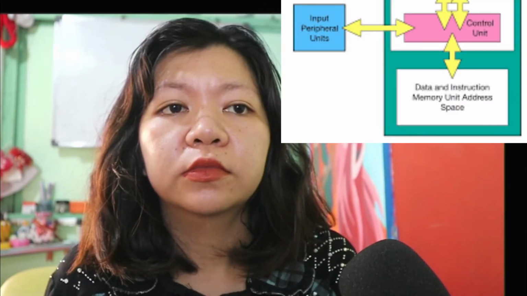Now, a von Neumann architecture is actually a single instruction, single data type of computer system. So, later, I will introduce the Flynn's taxonomy. Ano yung single instruction, single data? So, just for the description of the von Neumann, let me mention kung ano yung single instruction, single data, or SISD. Okay.